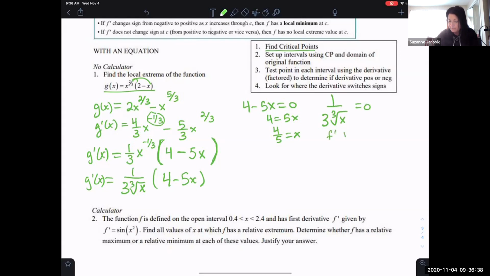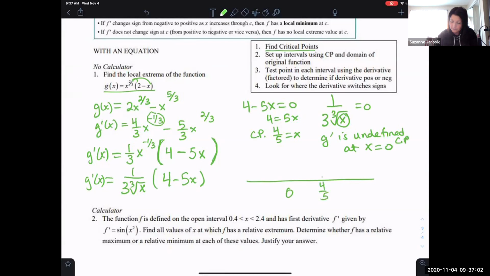F prime, G prime, sorry, changing the name of my function here. G prime is undefined at x equals 0. This cannot be 0. So our critical points are 0 and 4/5. So now we have to look for, again, our sign changes.